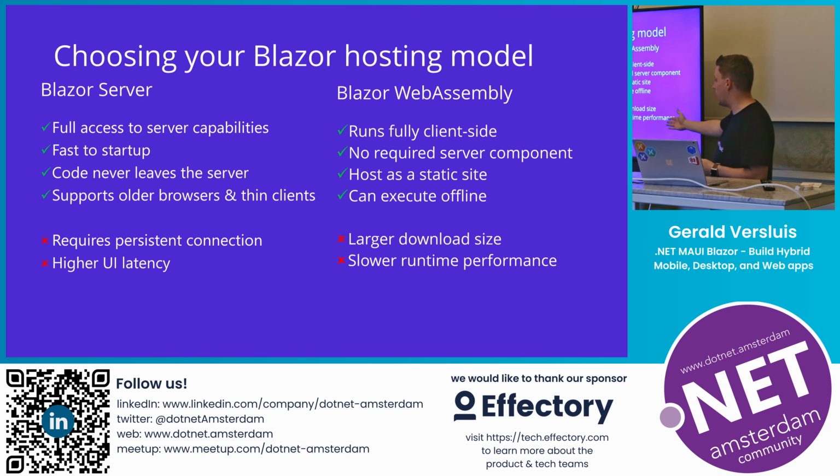And then on the other side, you have the larger download size, but you can actually have offline applications. You have to have that initial download, of course, but from then you can just run offline. So if you have some kind of thing where you have to do an inventory in a cellar where there's no cellular data, then you can totally do that as long as you initially download the application first.